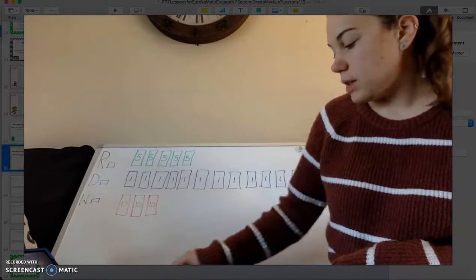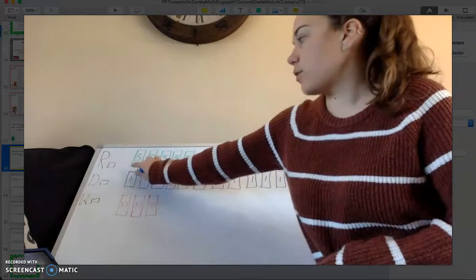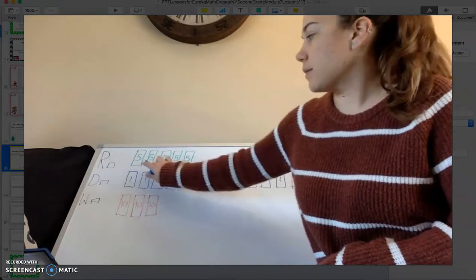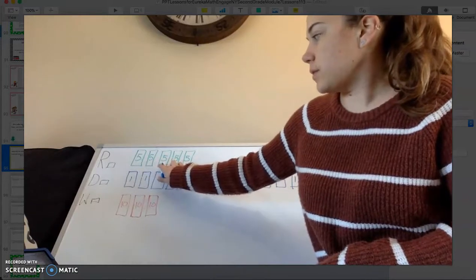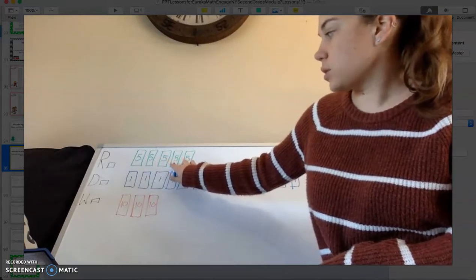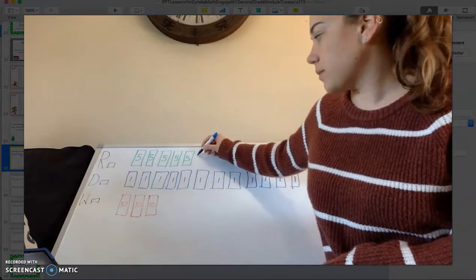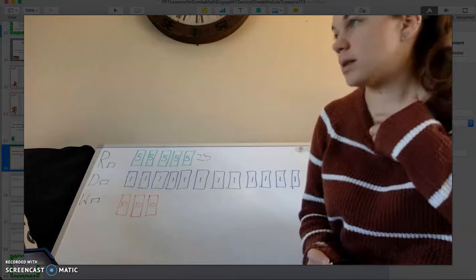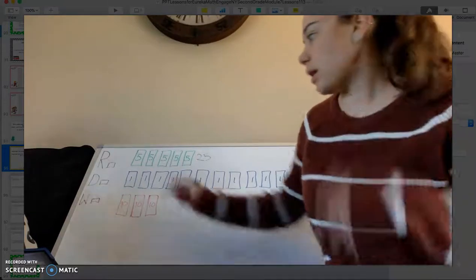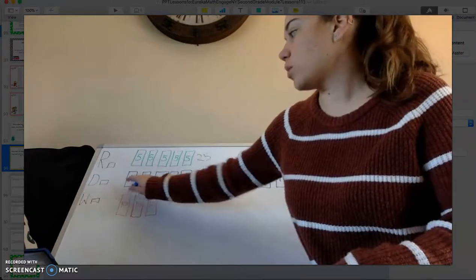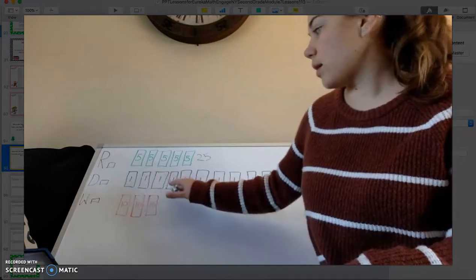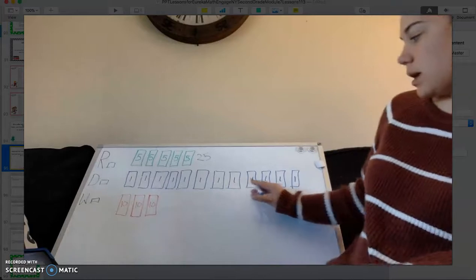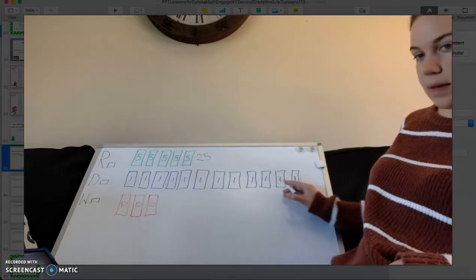So now we need to figure out how much money she has all together. So we can first start by adding this up. So we can count by 5s. Are you ready? 5, 10, 15, 20, 25. Now let's see how many 1s there are. We have to count by 1s. 1, 2, 3, 4, 5, 6, 7, 8, 9, 10, 11, 12.